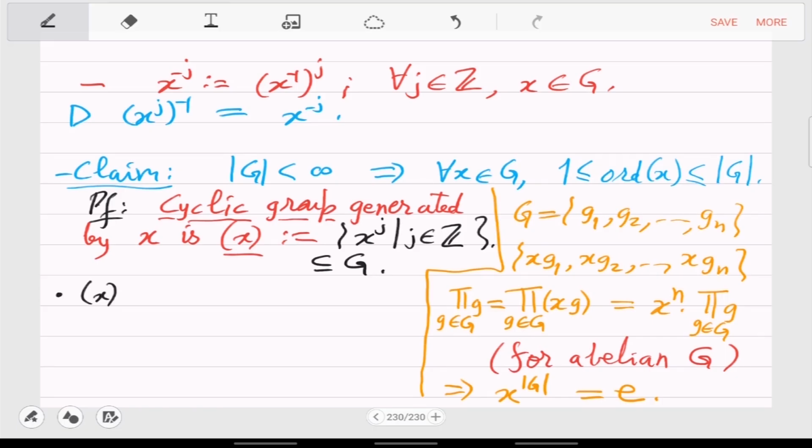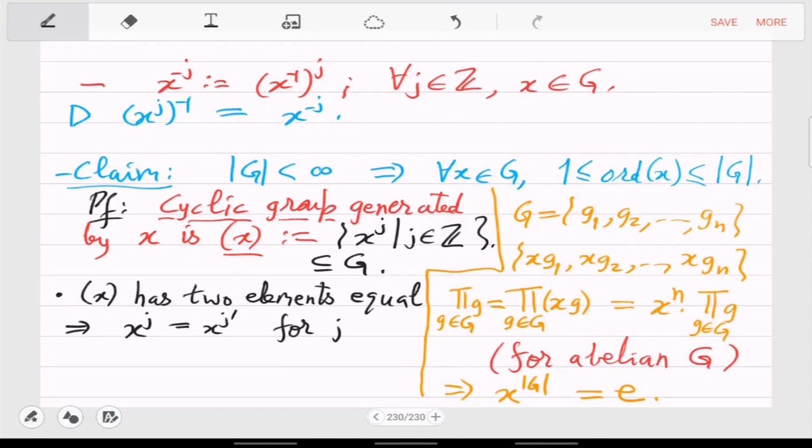So the set has two elements equal, which means that x to the j and x to the j prime, for different j, j prime, they are the same, which means what?